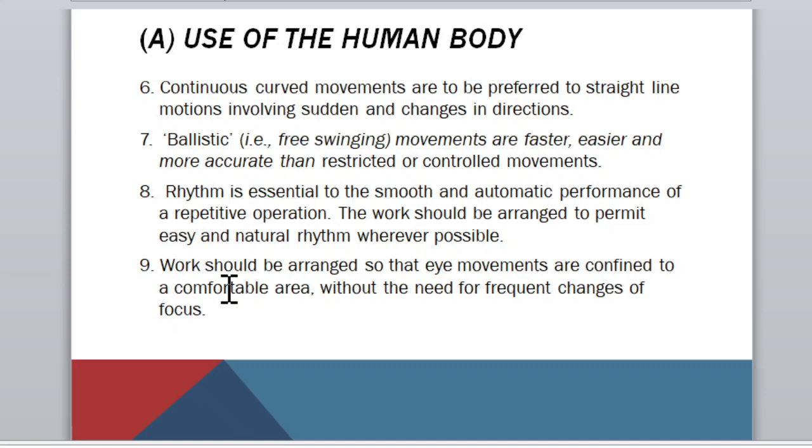Nine is work should be arranged so that eye movements are confined to a comfortable area without the need for frequent changes of focus. So the work should be arranged, if possible, in proper sequence. For example, work 1 or operation 1, then operation 2, then operation 3.